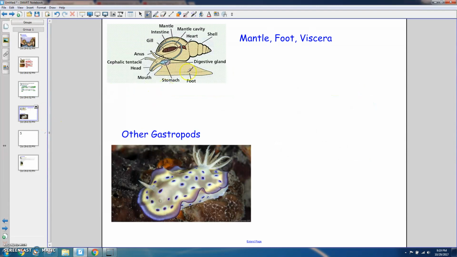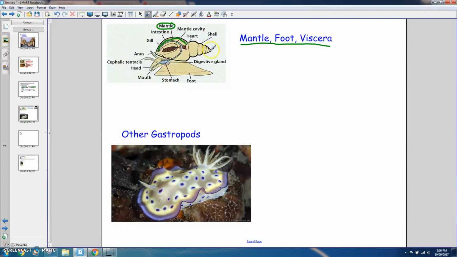So if we were to look at the snail specifically and look at where these three things are, we can look at this picture here. And you can draw this picture on your paper. That would be good. A simple drawing. And identify the mantle. So the mantle would be inside the shell. It actually lies adjacent to the shell, which is ideal because this is where it secretes the shell and grows.